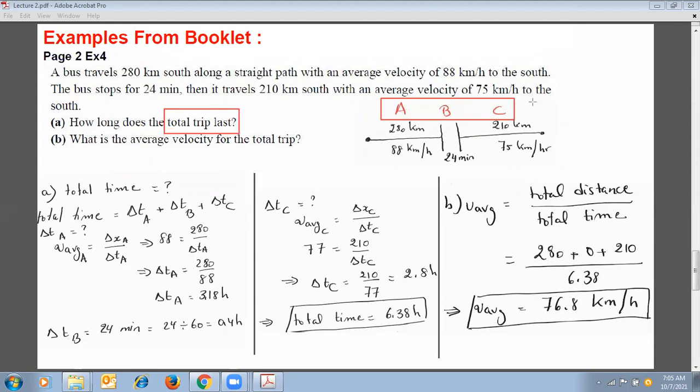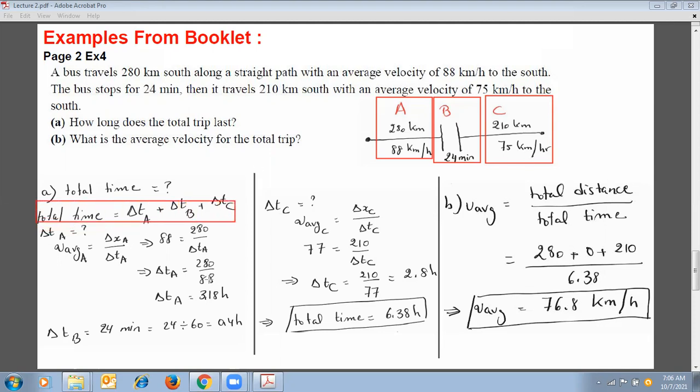The total trip lasts whatever section A takes plus section B plus section C. So I have to get delta T for A, how long segment A takes, plus how long segment B takes, plus how long segment C takes. Okay. Let's start. So total time is delta TA plus delta TB plus delta TC.